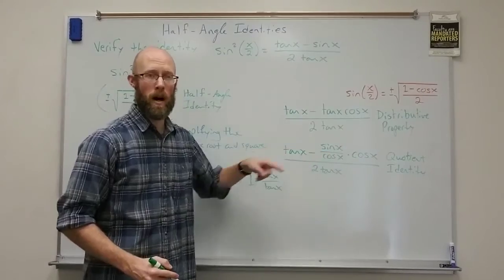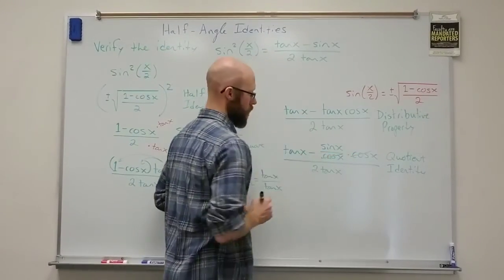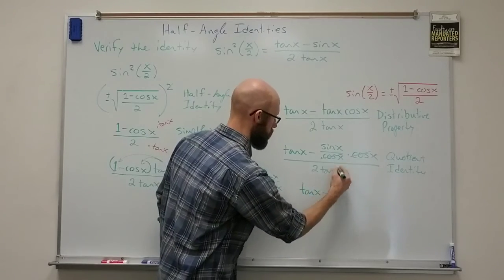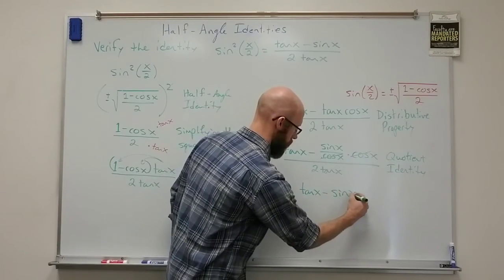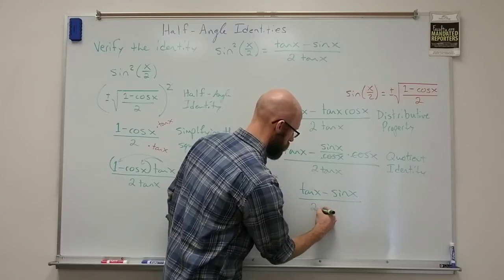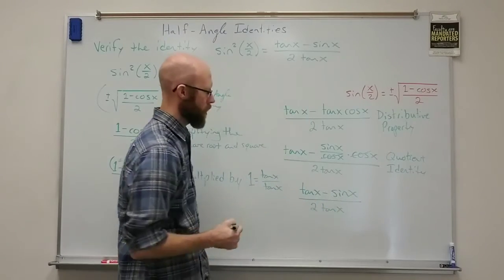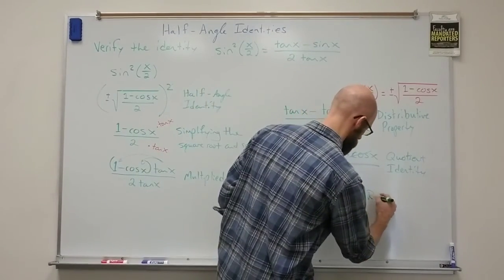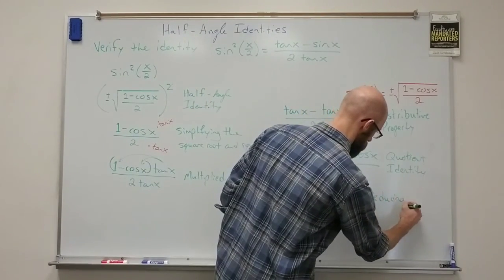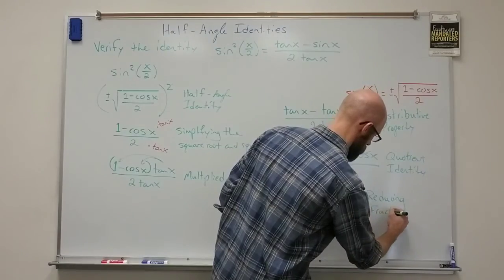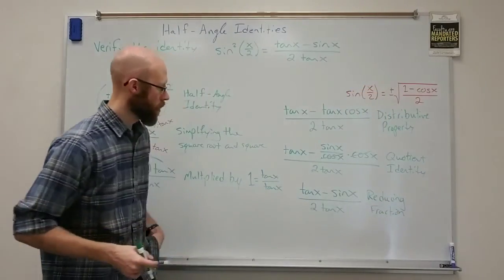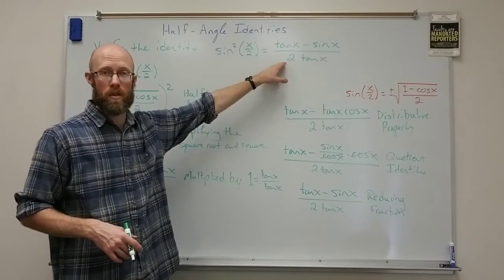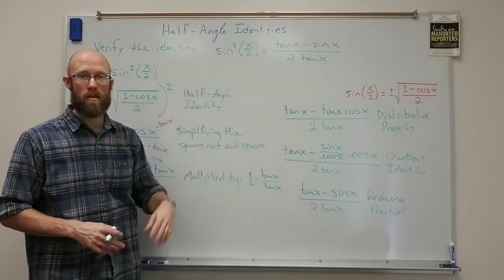One on top, one on the bottom. So I can cancel the cosines, and I'll be left with tangent x minus the sine all over 2 tan x. And that's done simply by reducing the fraction. Okay? That happens to match up with what we have on the other side, and so our proof is done. This is a verified identity now.